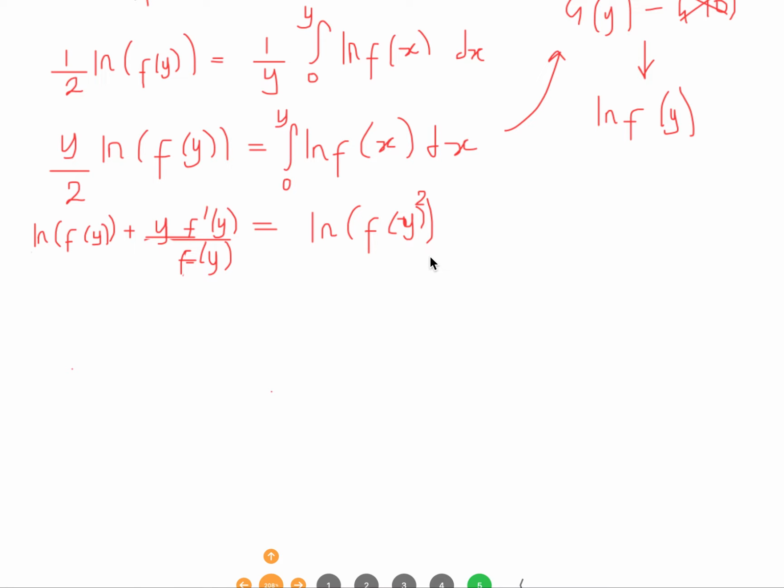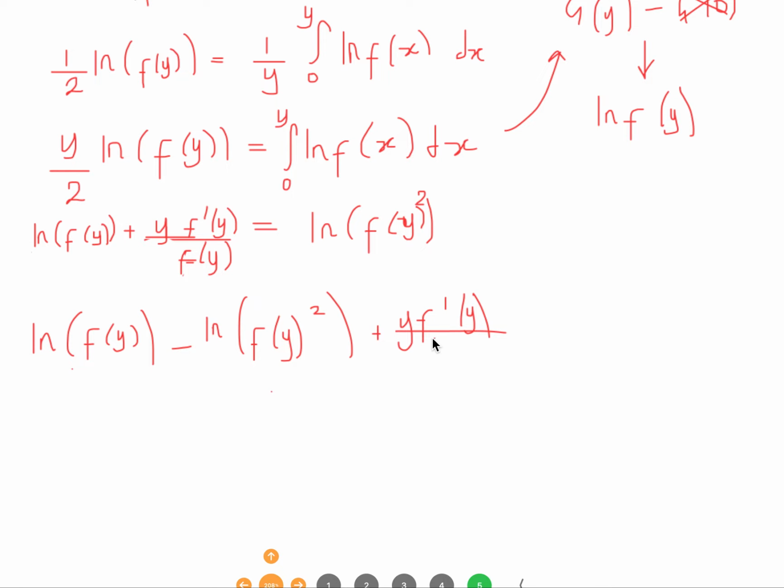Because then what I can do is bring this over, so ln of f of y minus ln of f of y squared, plus y f dash of y, all divided by f of y, is going to equal 0.